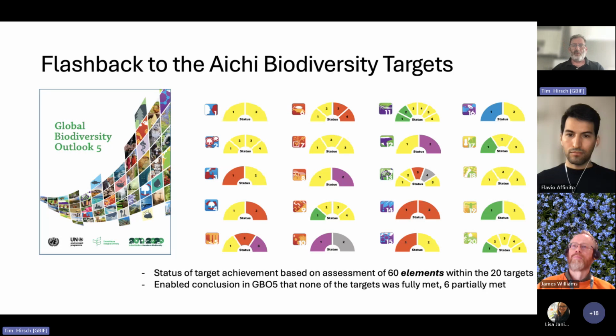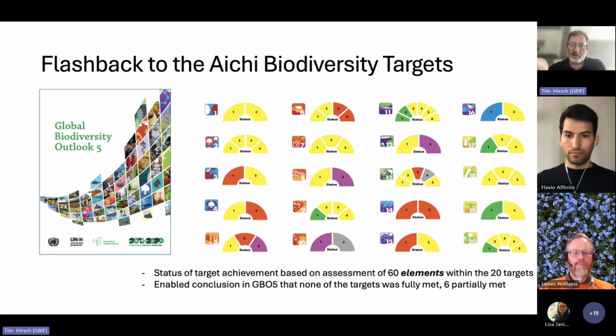And what you will notice in the very colourful dashboard assessment you can see on the right is that each of the targets is divided up into these segments of a semicircle, which were indeed the elements that had been identified earlier in the process at the time of the midterm review in GBO4, that looked at logically the wording of the targets and what that implied for the different components or elements that would need to be achieved if the whole of the target could be said to have been met.